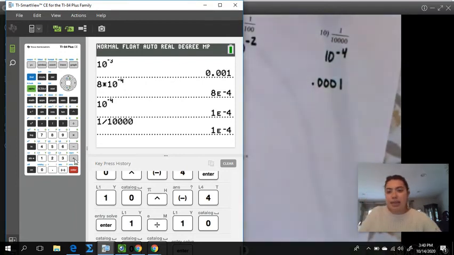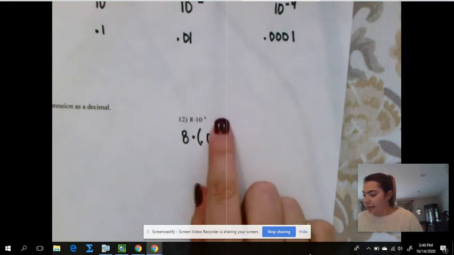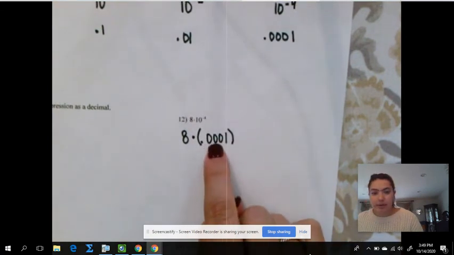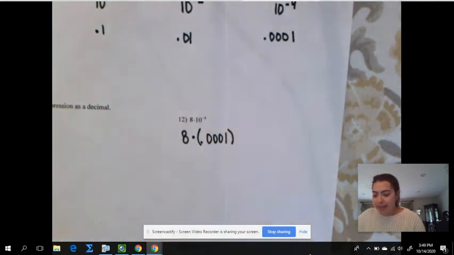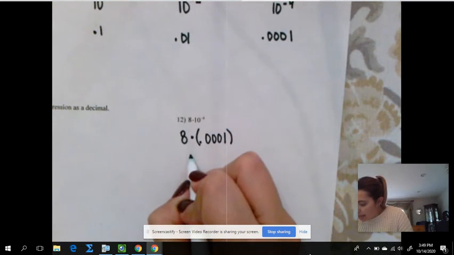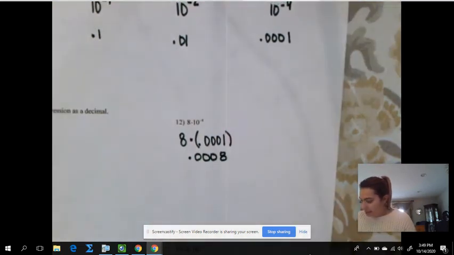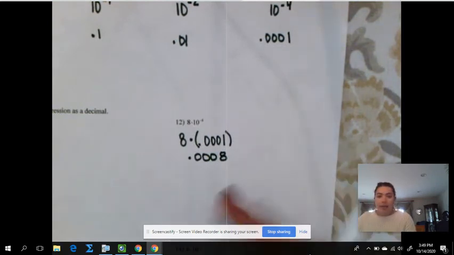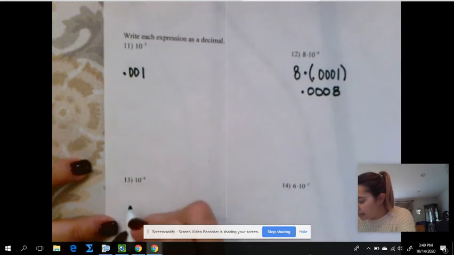So now that we know that 10 to the negative fourth power is 0.0001, we can multiply 8 by that in order to get our expression as 0.0008.